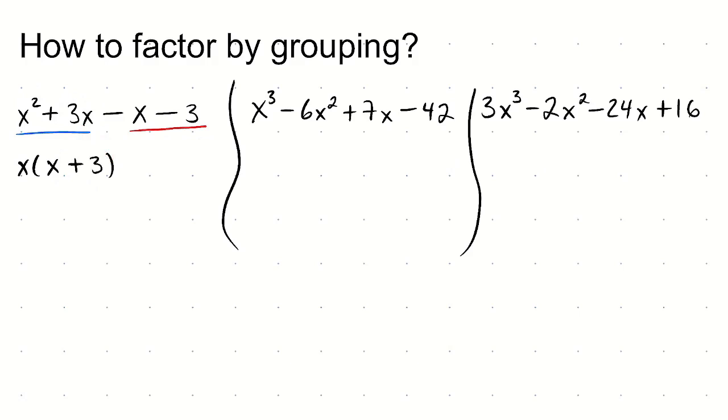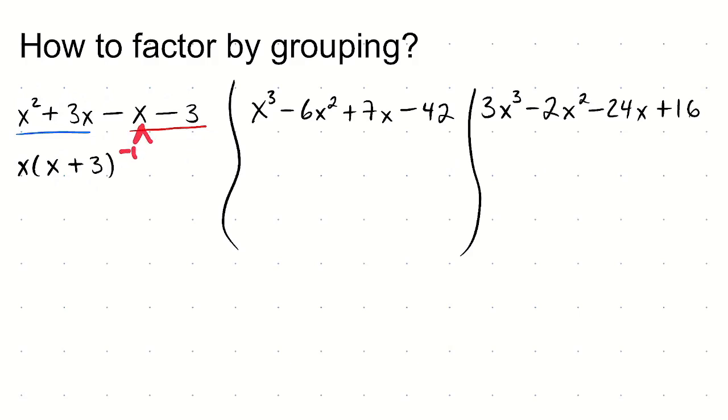Okay, so now we're looking for what can we factor out from a negative x and a negative 3. Well, right here we have an x, and right here we have a 3. So if you look at it first hand, it doesn't seem like they have something in common, but they do.